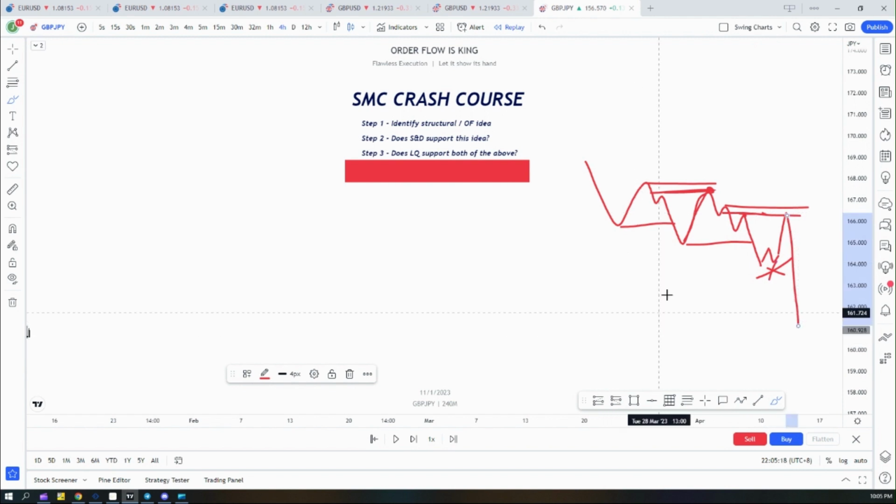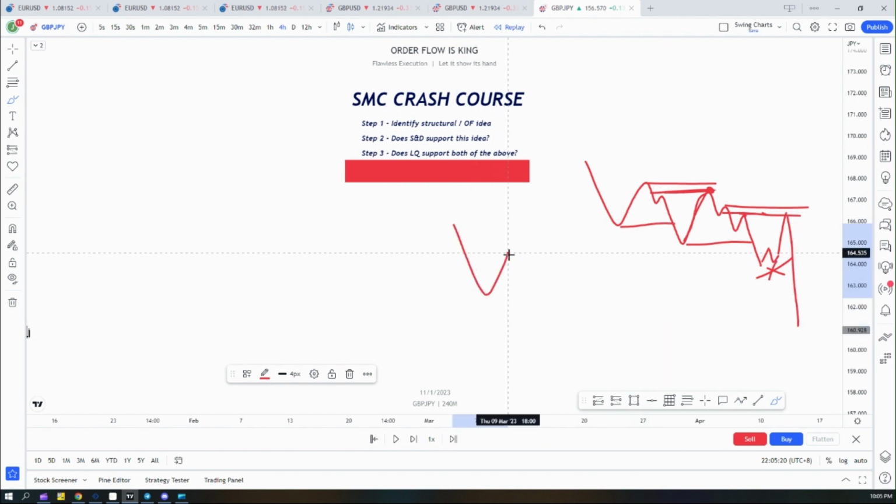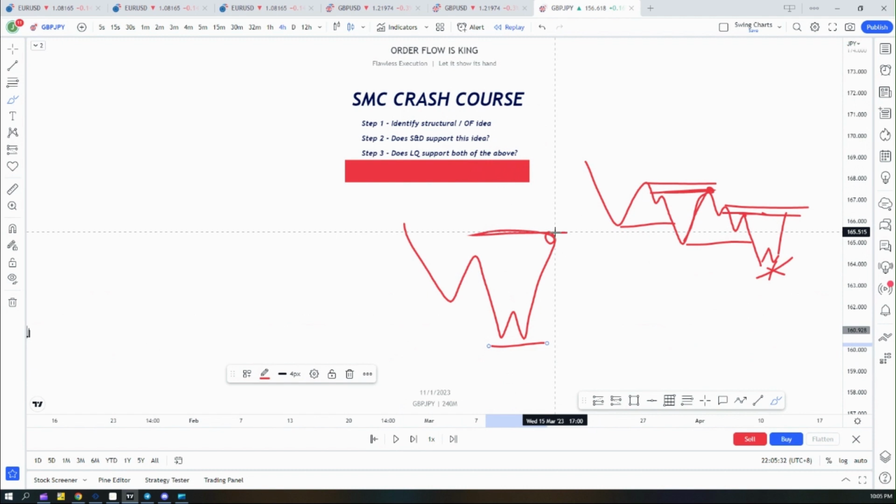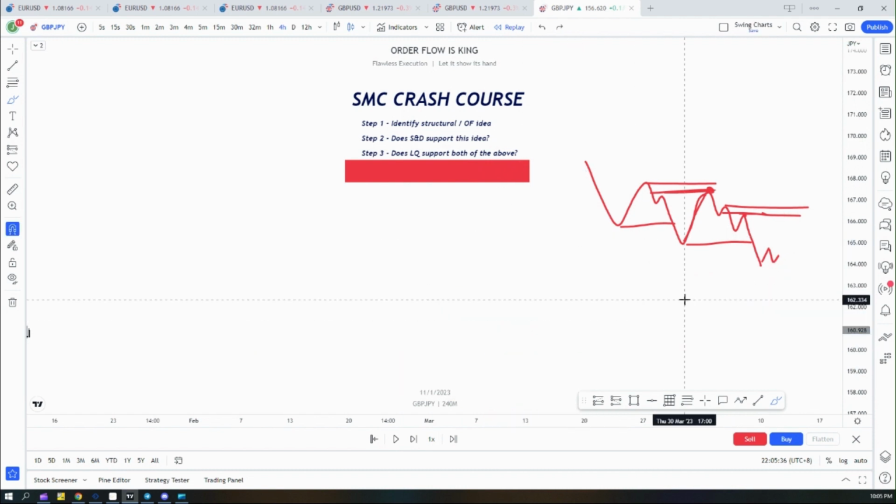It's very, very important. You need liquidity to take for your entry, and you also need liquidity to target as a magnet, right, to pull price away.